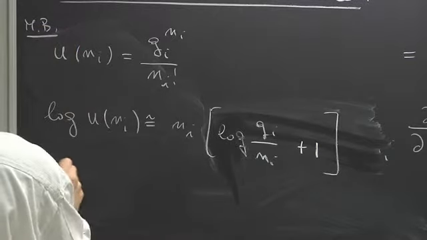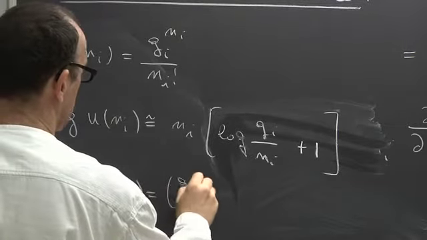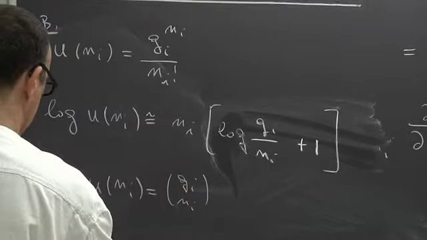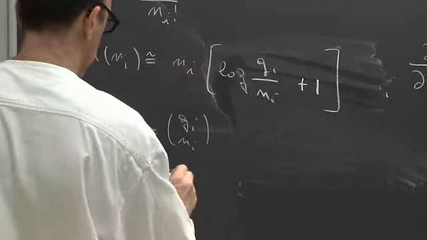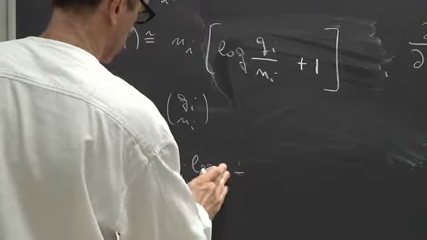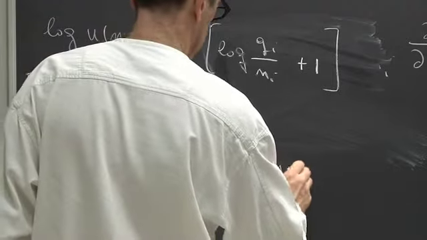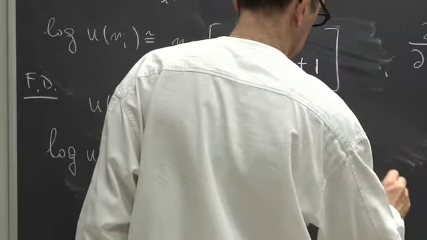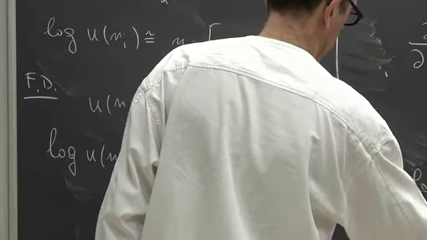In the Fermi-Dirac case, the U of Ni is Gi over Ni. So the log of U of Ni is equal to Gi log Gi minus Ni log Ni minus Gi log Ni minus Gi.